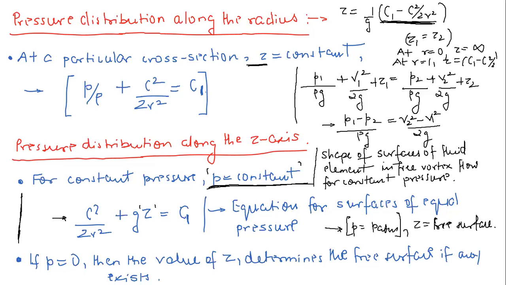So what is a vortex motion? Always remember that a vortex motion is a kind of motion where the streamlines are concentric circles, nothing else. Free means that we are not giving any energy from an outside source to create the vortex motion, and forced vortex means we are giving energy from an outside source to create the vortex motion.